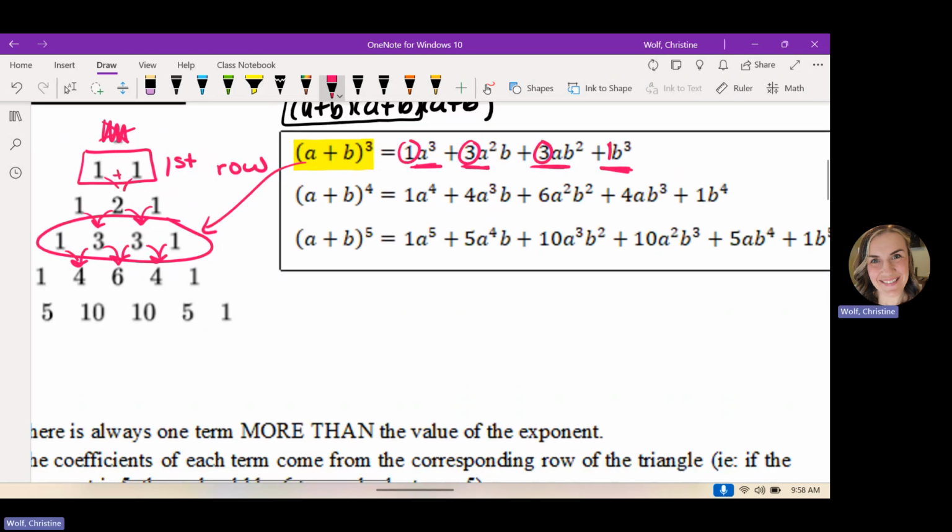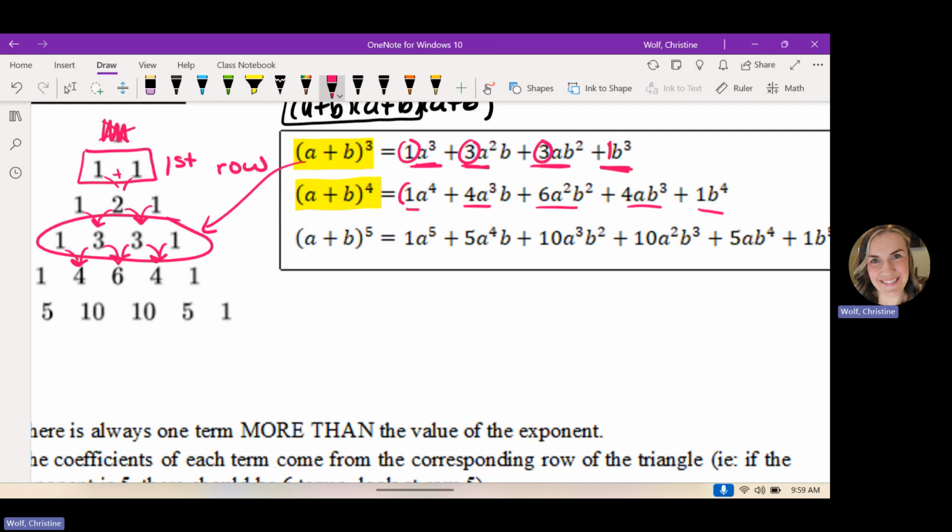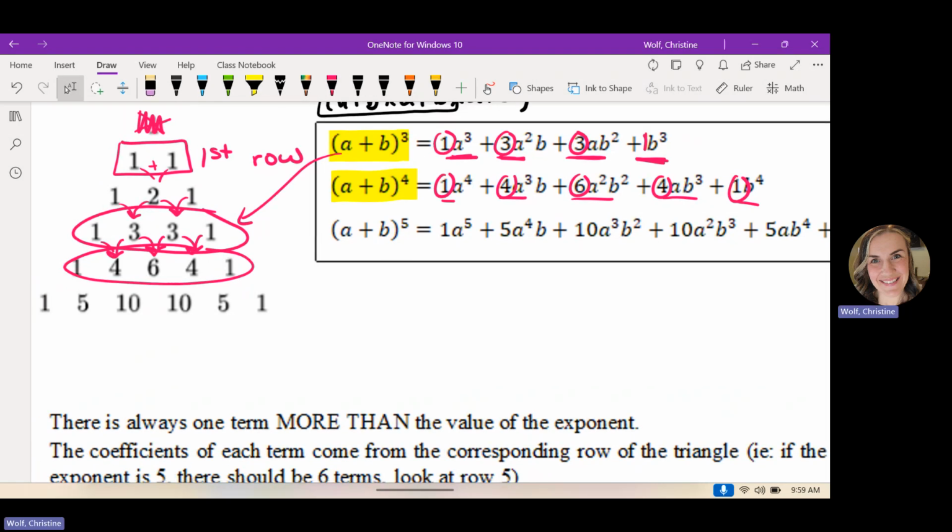If I asked you to put it to the power of 4, that's gross. We wouldn't actually want to expand that. But it results in 5 terms, and the coefficients 1, 4, 6, 4, 1 correspond with a row of Pascal's triangle. So Pascal's triangle more or less expands binomials for us by giving us the coefficients.